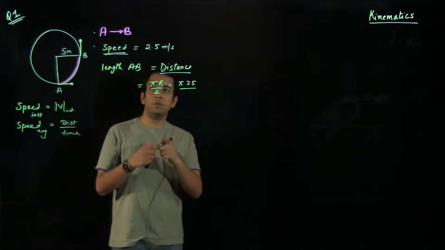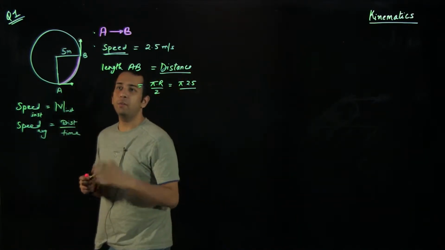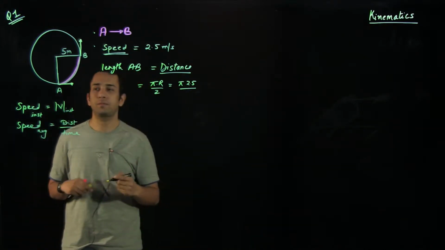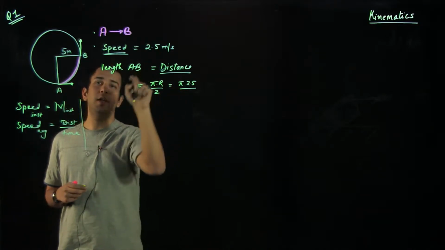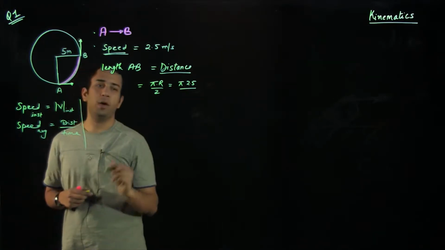In this question we do not know the time interval, and it would be very good to find it, because we will be using it to calculate the velocity as well as the acceleration. So we know the distance, we know the speed, so we can easily calculate the time taken by the particle to go from point A to B.